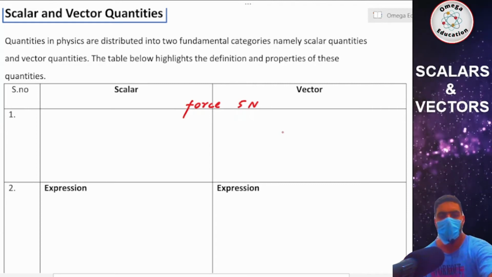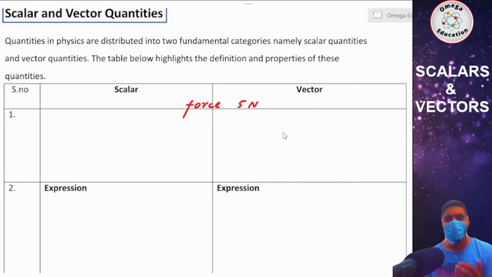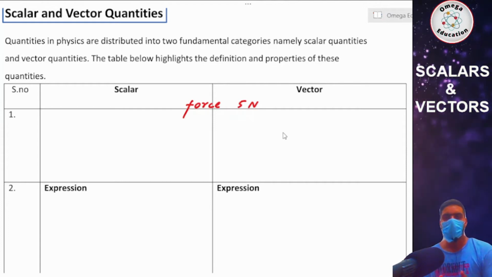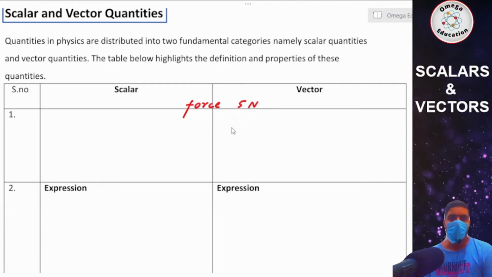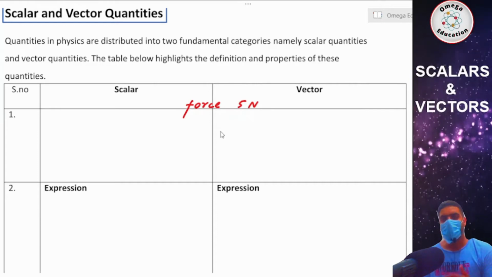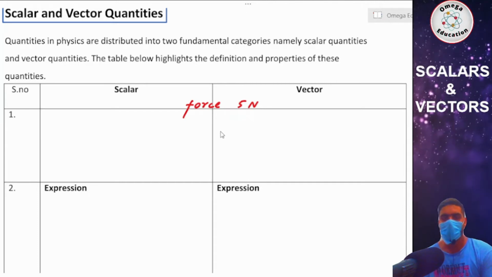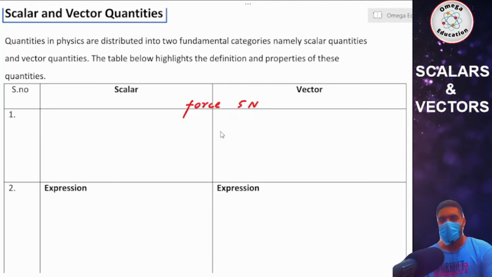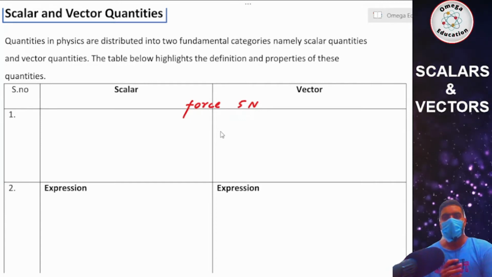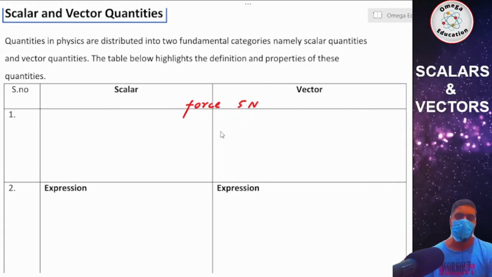So we'll conclude that for some quantities, you have to mention direction as well for their proper description. Force is one of them, and matter of fact, all such quantities for which you have to mention direction for their proper description, for their proper understanding, for their proper working, those quantities are called vector quantities.